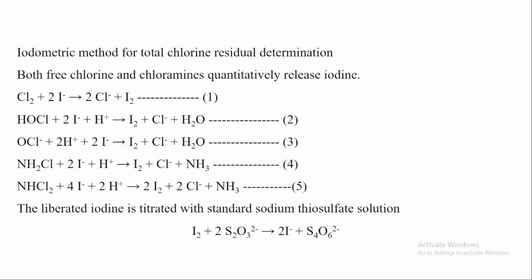So, I2 will take up those 2 electrons that are released from S2O3, and I2 will get reduced into 2I minus, and S2O3 will get oxidized into S4O6 2 minus. Now, is it clear? So, basically S2O3 2 minus is giving 2 electrons to reduce the iodine.